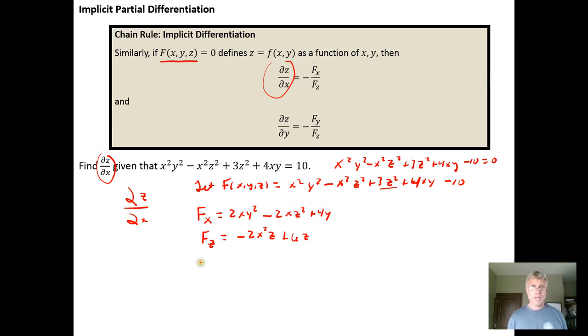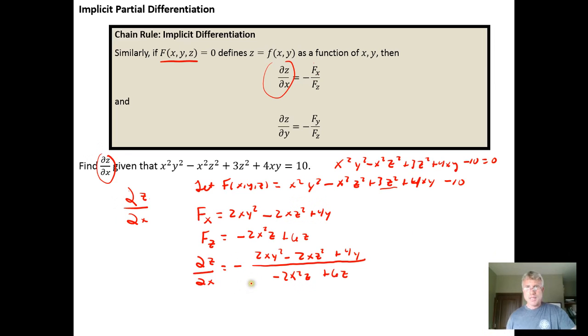Now I can calculate partial z partial x, which is equal to the opposite of the f sub x term in the numerator, so 2x y squared minus 2x z squared plus 4y, divided by my f sub z in the denominator, minus 2x squared z plus 6z. I probably should clean this up a little bit.